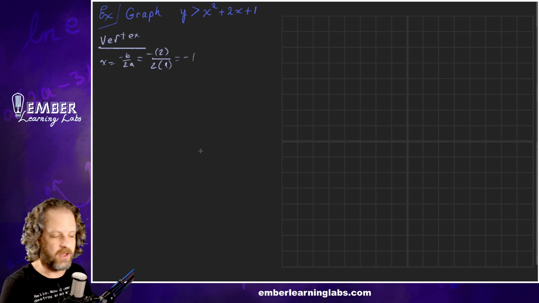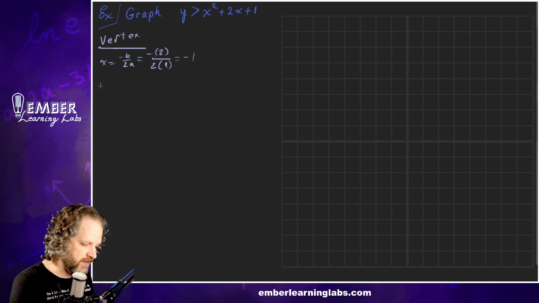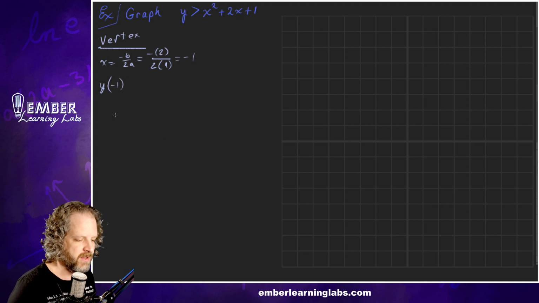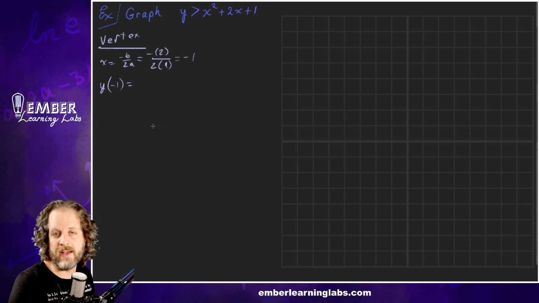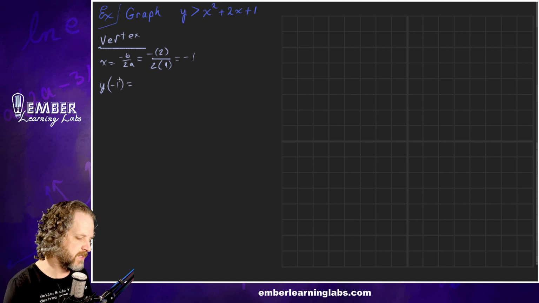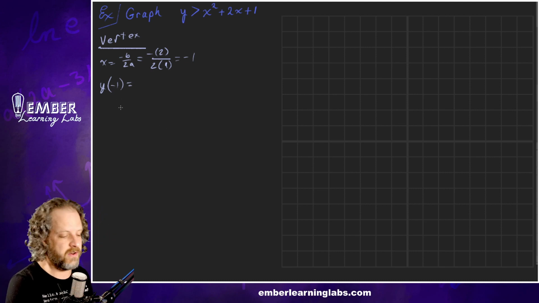Now to find the y part of the vertex, we're doing y of negative 1, right? I'm going to turn that into function notation a little bit. I'm going to just put equals here, even though it's a greater than. Why not? We're finding a specific point, so we're finding out what it equals, not what it's greater than.